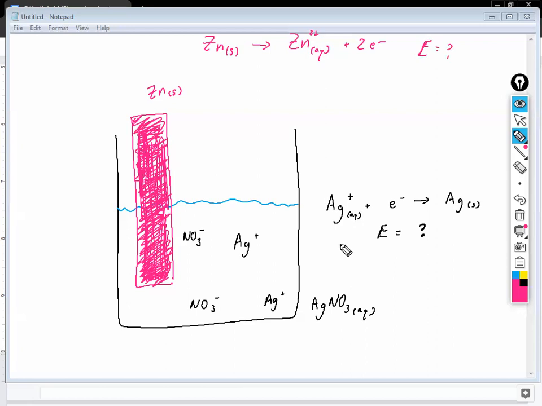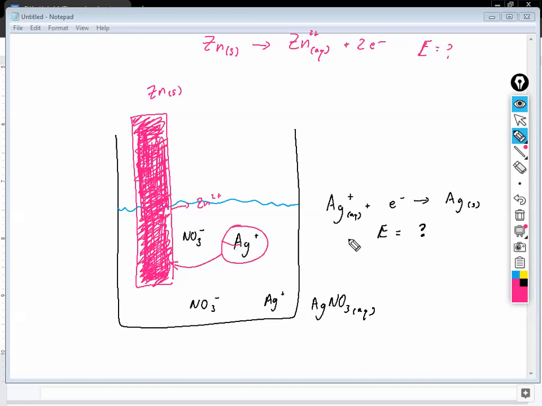Okay, and so this scenario is significant because when you put a piece of solid metal in a solution, it has the potential to go into the solution and become aqueous, right? But the metal ions inside the solution can also react with the solid metal and become a solid.